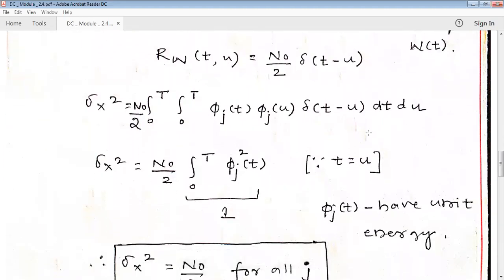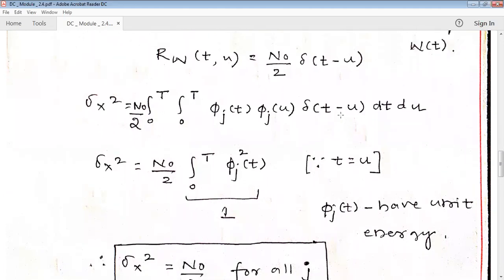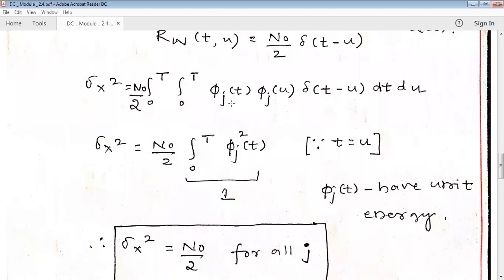To make this equation simpler, let us consider t is equal to u. When you consider t is equal to u, this becomes delta of t minus t, that is delta of 0, and delta of 0 is defined as 1. And here, phi j of t and phi j of u, because we consider t is equal to u, both basis functions become similar, phi j of t and phi j of t.